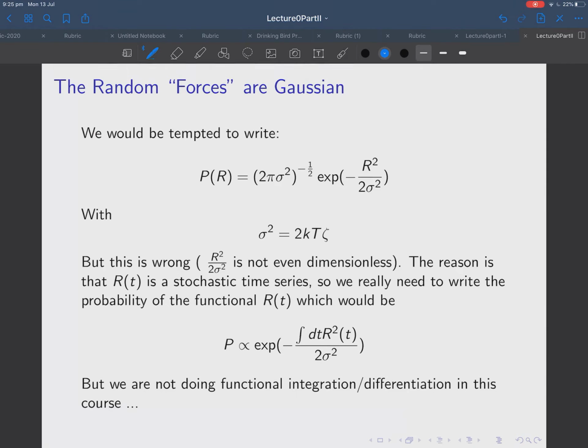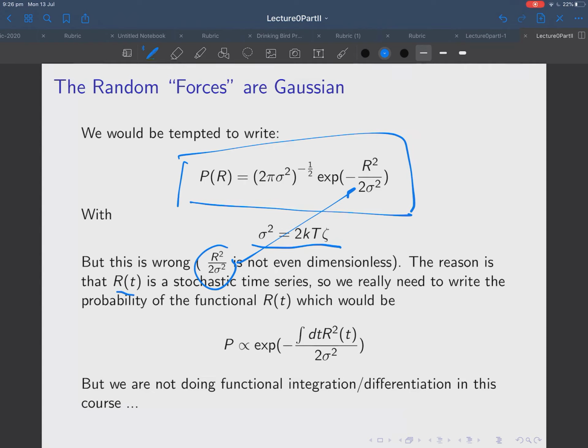Now, given that, you might be tempted to say, oh, well, that means I can write down the distribution for these random forces. The distribution must be that. That's our Gaussian distribution, where sigma is this thing. But this is rubbish, because this thing here isn't even dimensionless, so you can't write this down. You can't have an exponential of something that's not dimensionless.